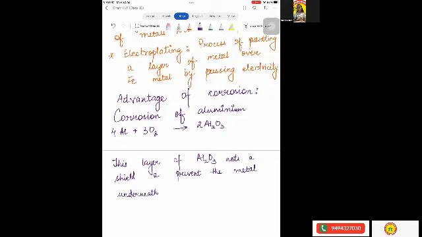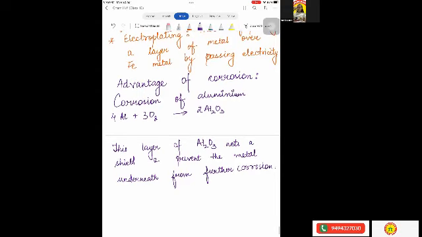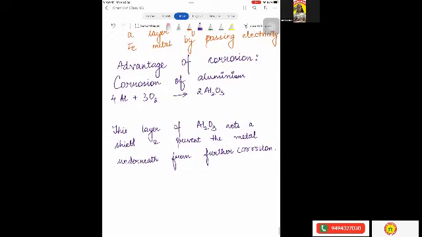Once this layer is developed, the main metal, that is the aluminium, stays protected under this layer. So this is one of the corrosions which has an advantage. I hope this is clear.